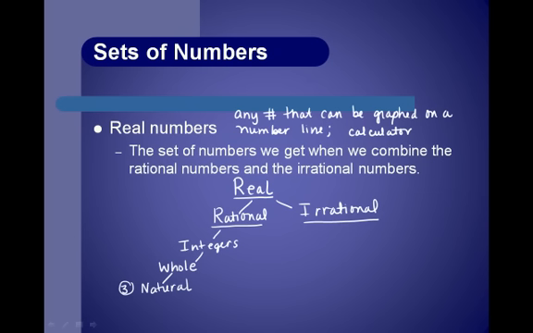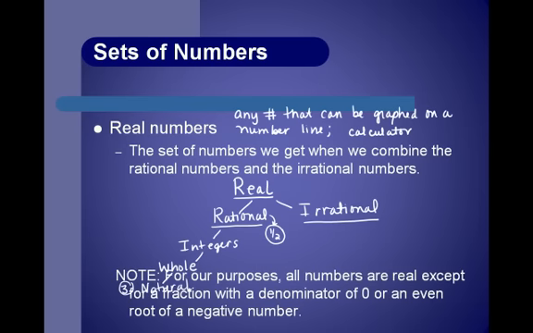However, if we had a fraction, let's say 1/2, 1/2 is not a natural number nor a whole number. 1/2 is not an integer, but because 1/2 is a fraction of integers, it's a rational number, which means it's also a real number. For our purposes, all numbers are real except for a fraction with a denominator of 0 or an even root of a negative number, and we'll talk about that a little later.